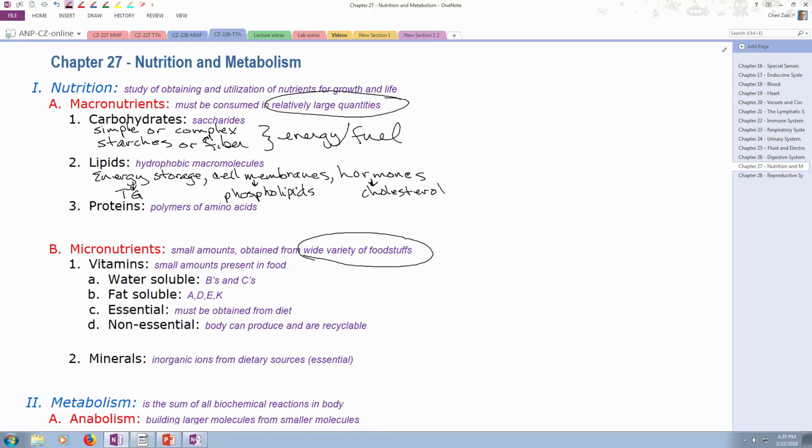Proteins, the monomer is amino acid, and we make polymers or polypeptides to create proteins, and our proteins are utilized by us for either structural reasons or functional needs.